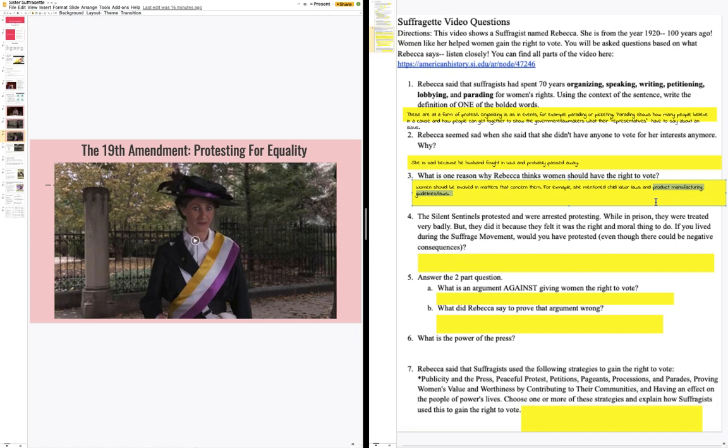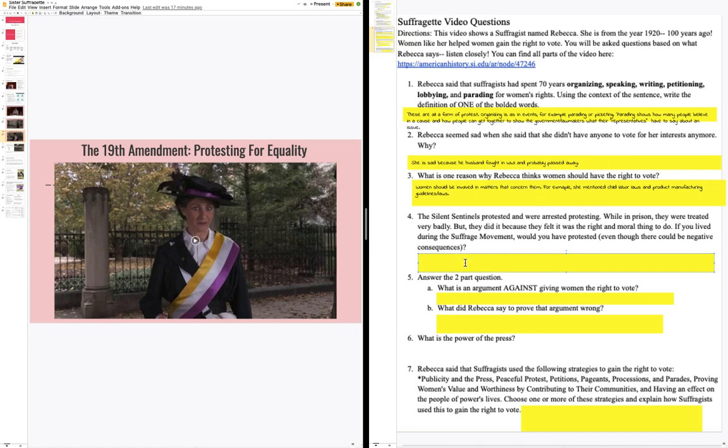What products were being made in these factories in the 1920s? They weren't sure because there were no manufacturing guidelines. They didn't have the labels that we find on food and drinks and everything that we buy now. So that was one reason why Rebecca thought that women should vote.